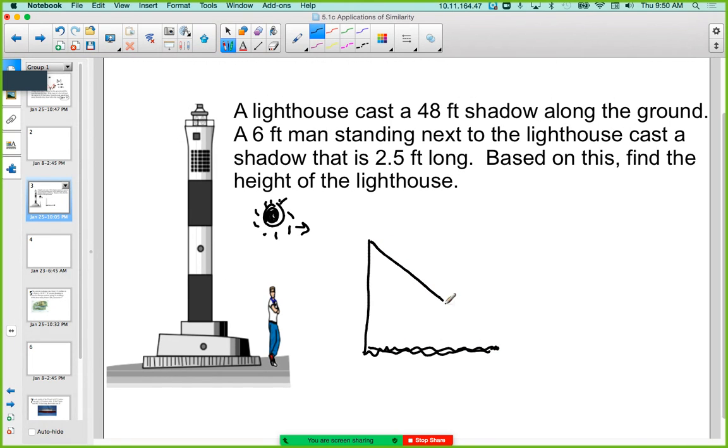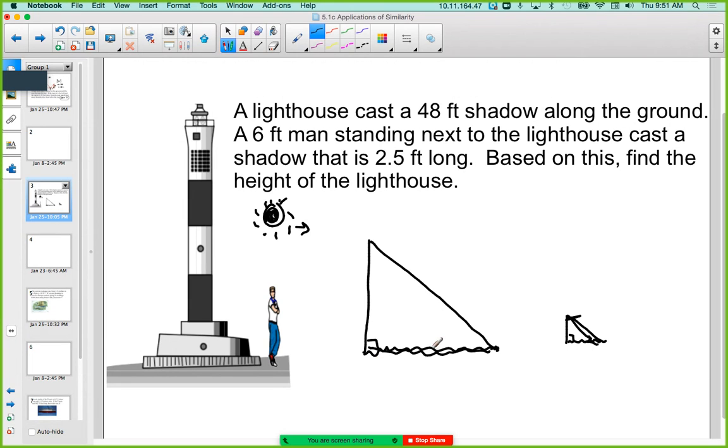All right, I can make a right triangle with the shadow, the tower, or in this case, the lighthouse, and then the distance from the top of the lighthouse to where the shadow hits the ground. Okay, this will be our tower one. Now, the person's obviously going to be smaller. They're going to have a shadow, and we can make a right triangle with theirs.